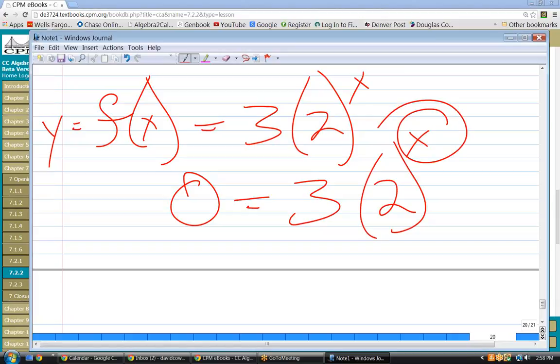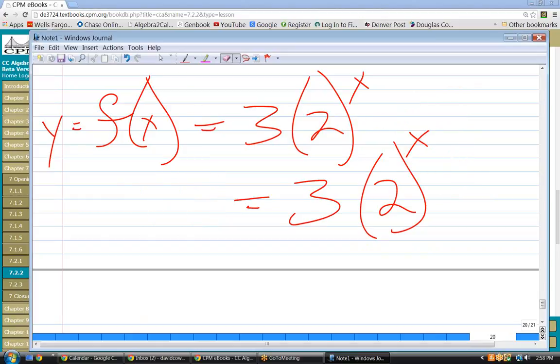It's got to be a negative. Well, now hold on. Negatives do not make negatives. No matter if I put an x negative in there, I'm still going to get a positive value for 2 to the negative x. So then no. You're right. No is the answer. So there is no x-intercept.